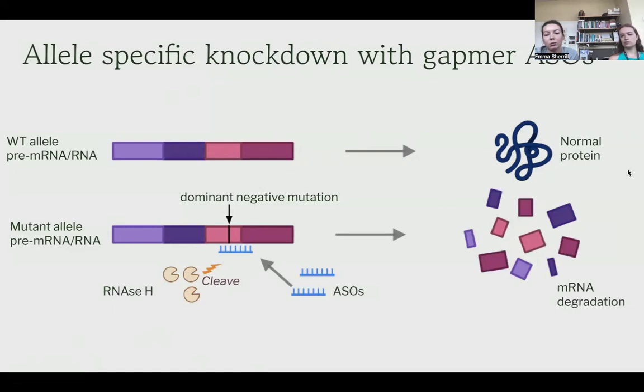So you're still creating normal protein, but degrading the mutant allele, leading to haploinsufficiency. This is for diseases where we don't believe that haploinsufficiency leads to a severe disease phenotype. In cases like KCNT1, where we're doing a complete gene knockdown, that would be for cases with gain of function mutations.